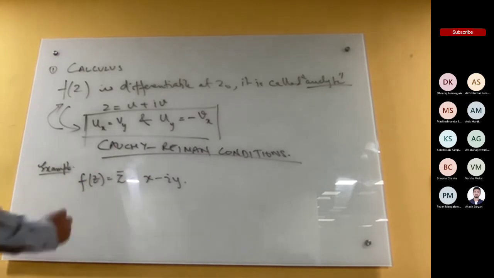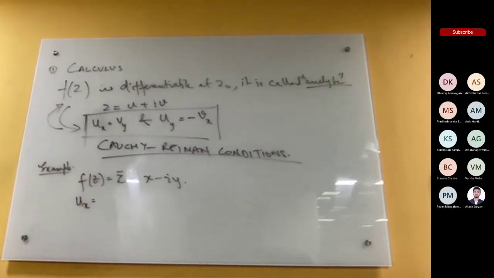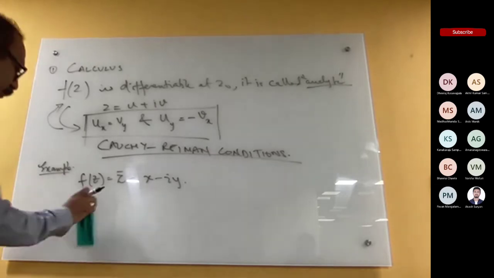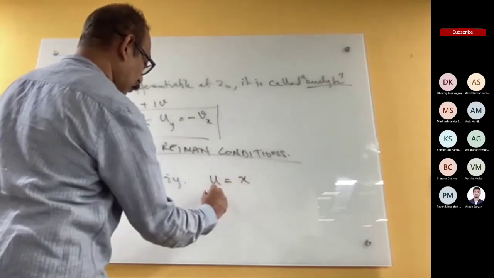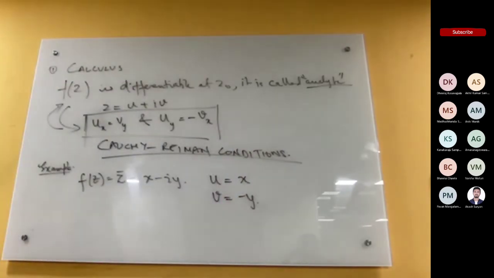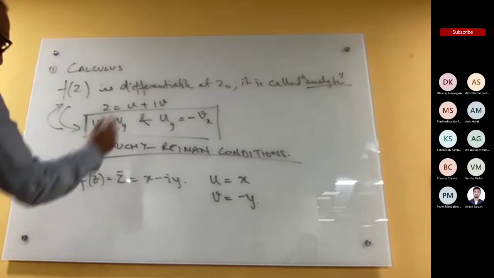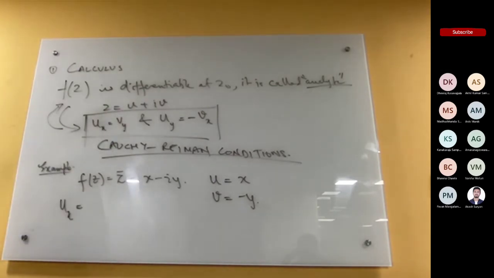Now, if you want to calculate u of x, okay, first don't get confused. You'll get confused. u equals x, v equals minus y. Correct? So let's see the Cauchy-Riemann conditions. What is u of x? 1.